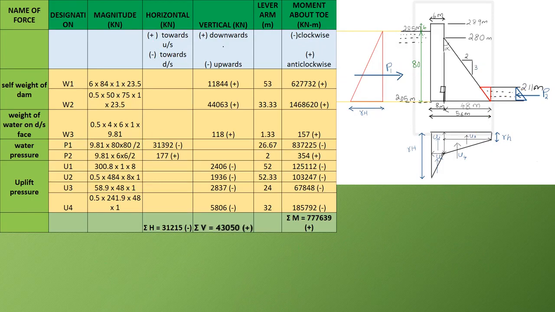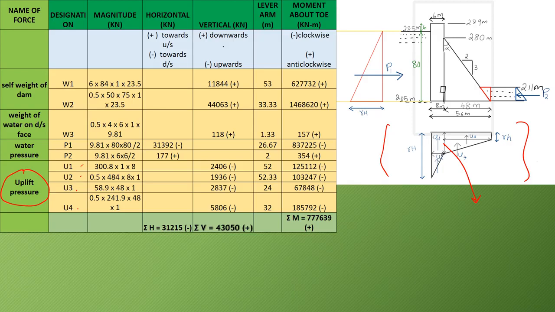Next we are going to calculate the forces due to uplift pressure. This is the uplift force diagram, and here we have divided this diagram into 4 parts, so there are 4 forces, that is U1, U2, U3 and U4. In the previous slides I have explained how to calculate these ordinates.